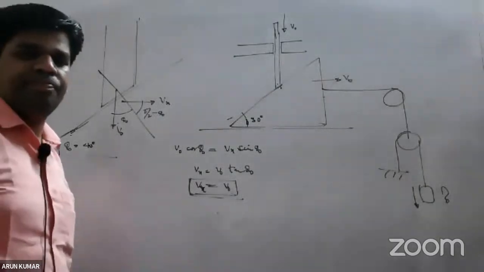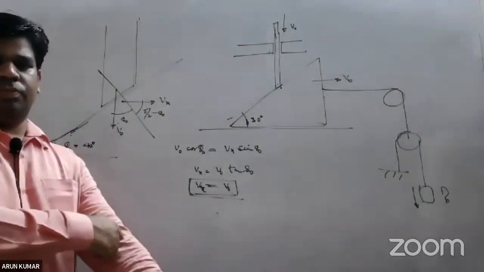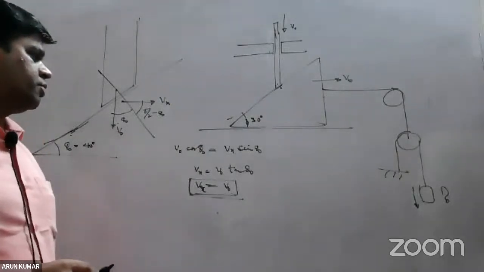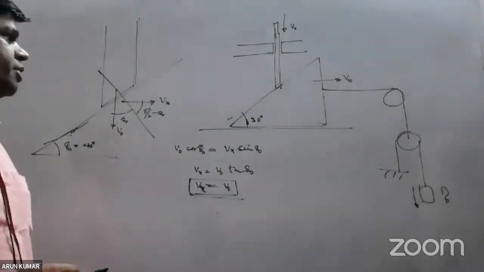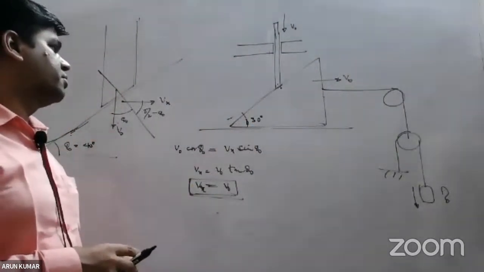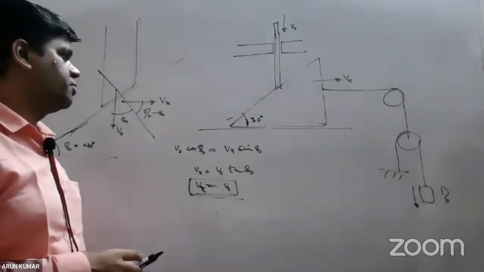Yes, sir. Okay. 2 V0 by root 3, sir. Okay. What is the velocity of the wedge? V naught root 3, sir.